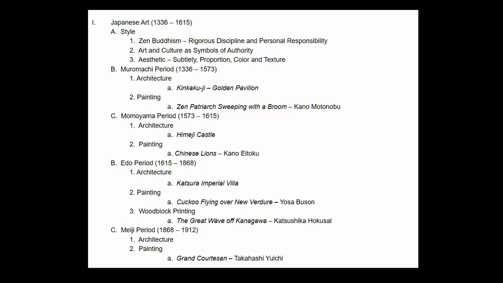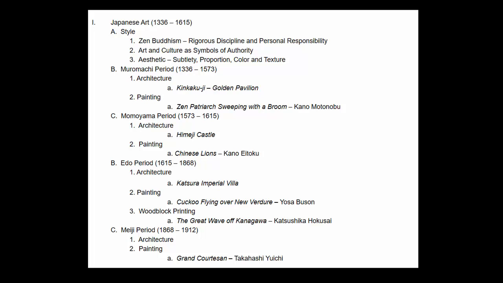Now, traditionally, Japanese art and architecture has some similarities because of the influences regionally to what we might see in China or Korea. However, the Japanese tend to focus on art and culture as symbols of the authority of the regional warlords or then later of the authority of the emperor.